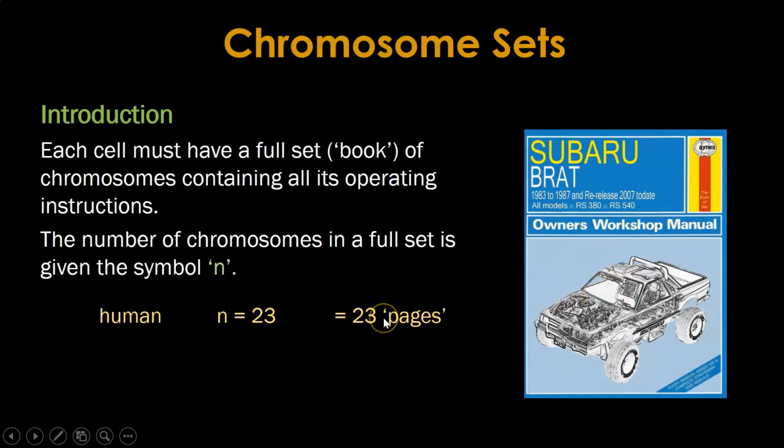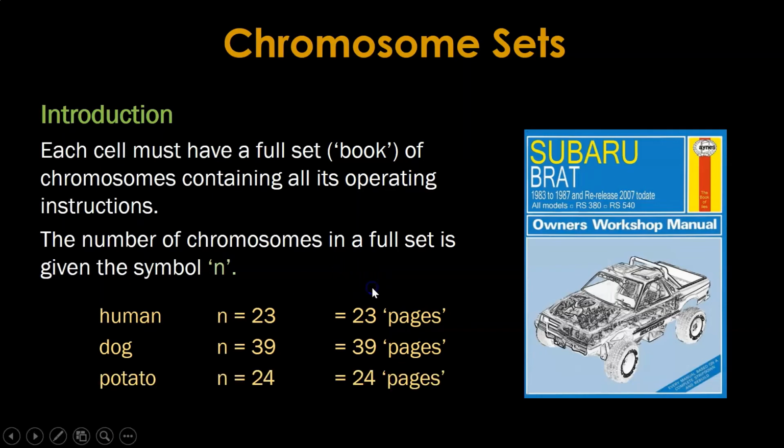So in the case of humans, we have 23 pages, that is 23 chromosomes, making up one full set of instructions. So N is 23. For dogs, N is 39. That is, there are 39 pages to make up the dog instruction manual. And for a potato, a much simpler organism, you'd think, 24 pages.